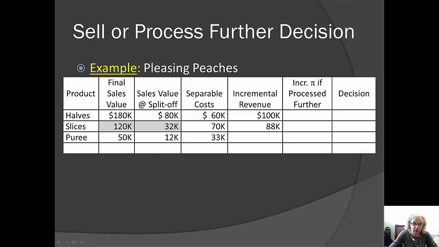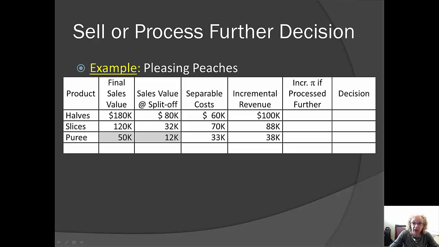The difference between those two numbers is the incremental revenue for peach slices. Also, for peach puree, we know how much we could get if we sold the peach puree at the split-off point versus how much we could sell it for if we turned it into peach juice. And the difference between those two numbers is the incremental revenue.